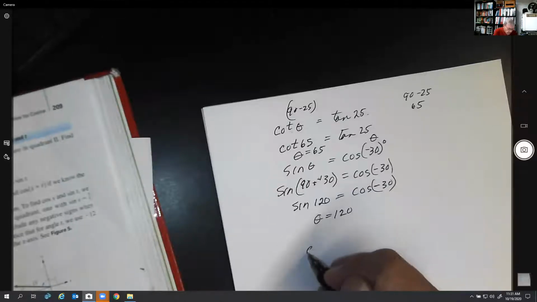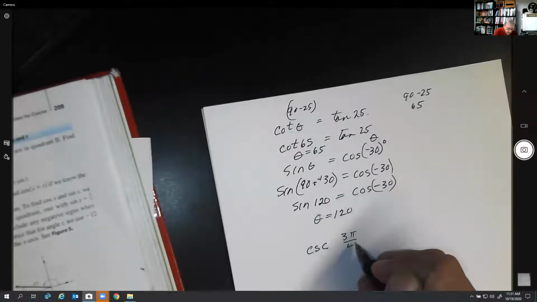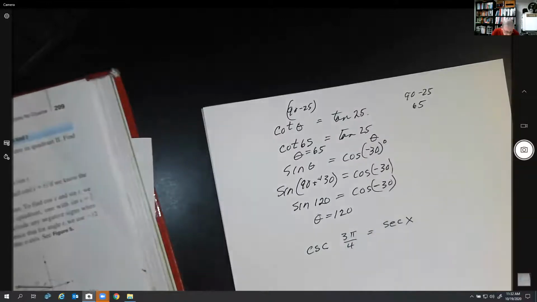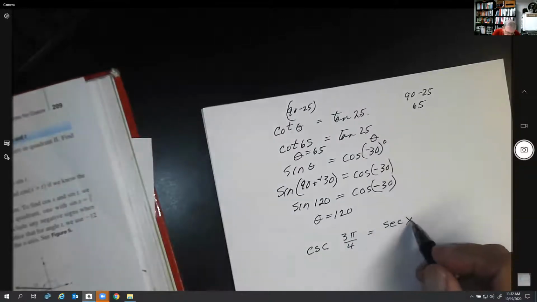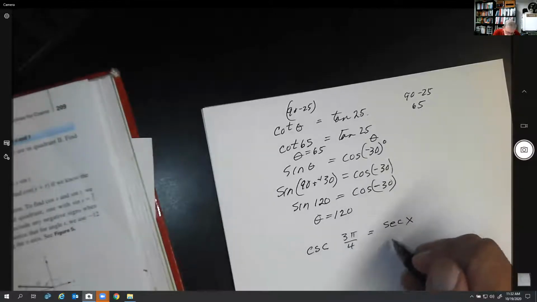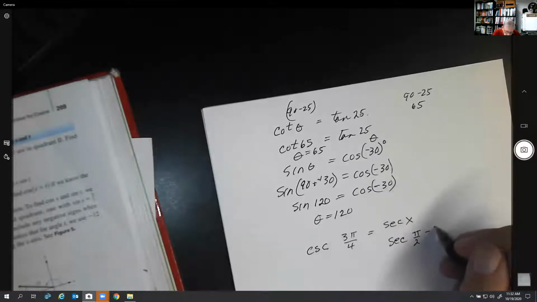Here's one a little bit harder. Cosecant of 3 pi over 4 equals the secant of x. So 90 is what? Pi over 2? Just write it like that, minus 3 pi over 4.